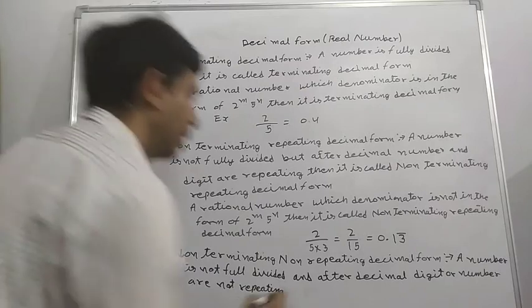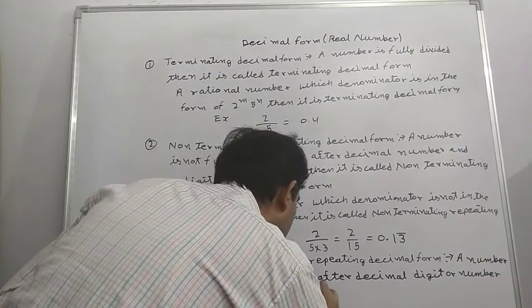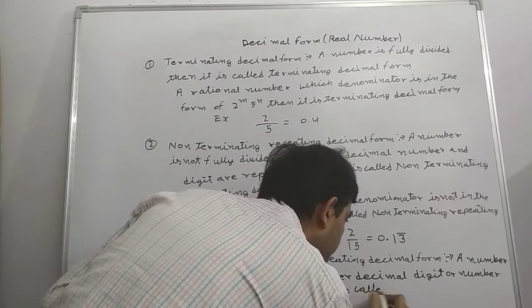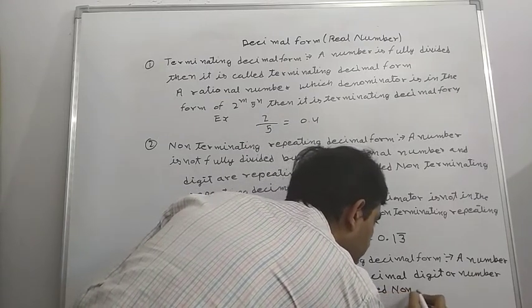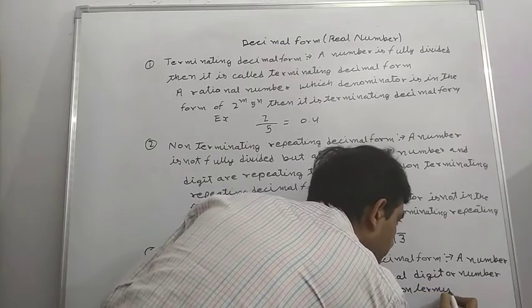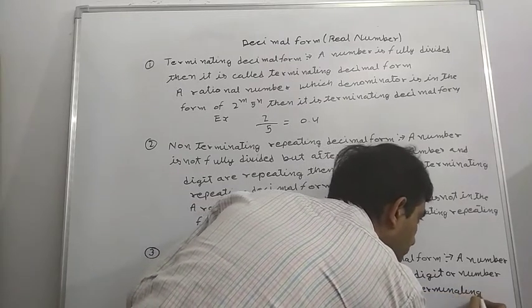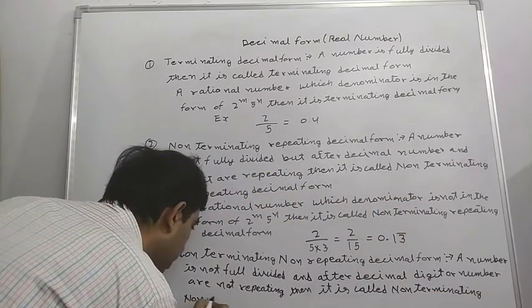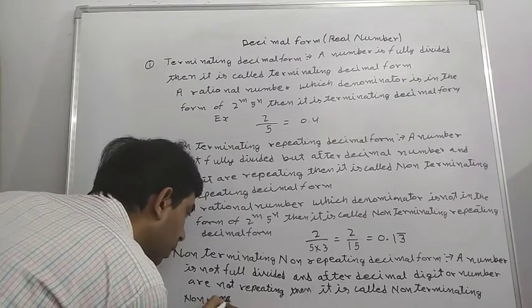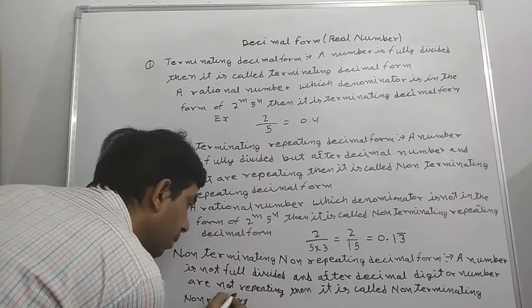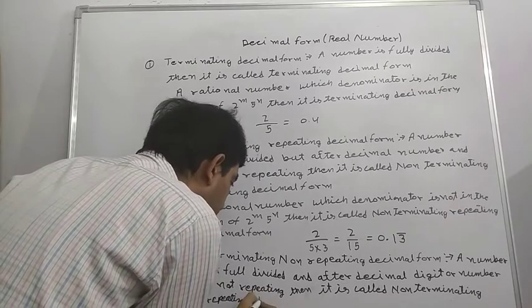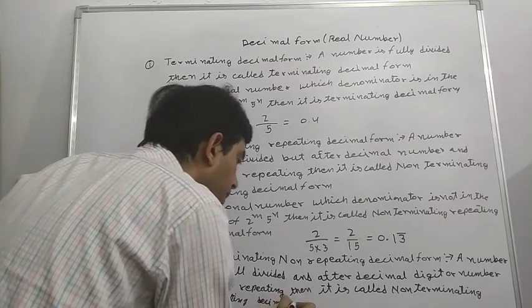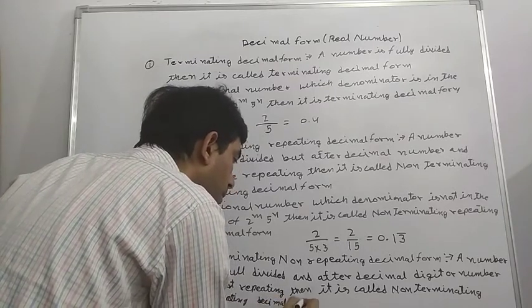Then it is called non-terminating, non-repeating decimal form.